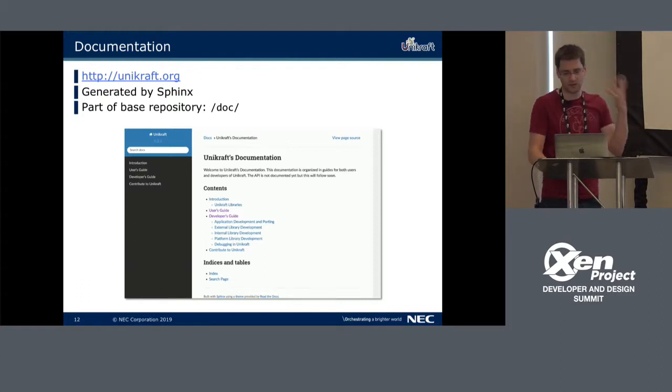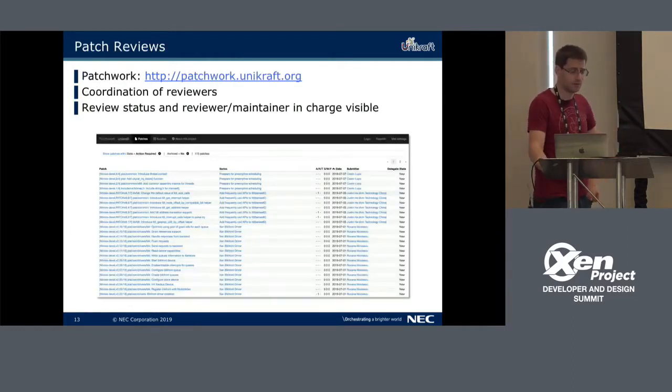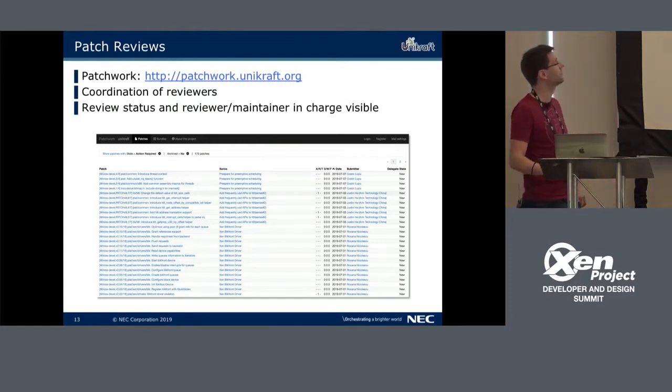Longer term, we would like to also have automated generation of descriptions of APIs and argument calls and so forth. For patch reviews, I think last year we decided to go for Patchwork to get that a bit more organized than just the mailing list. So we have our instance running on patchwork.unikraft.org.